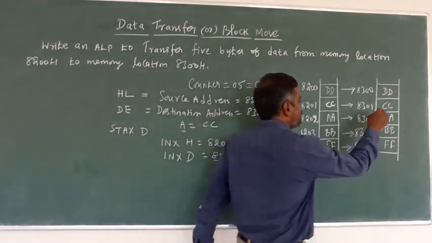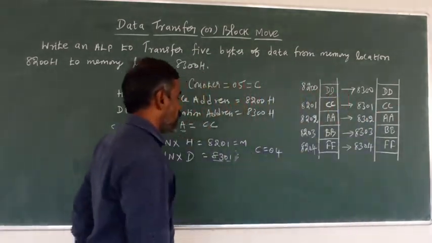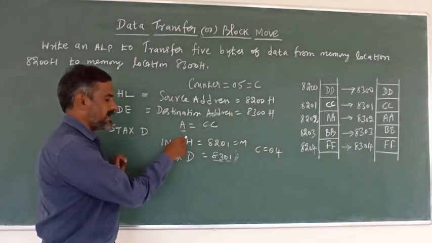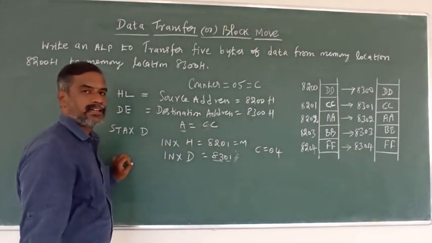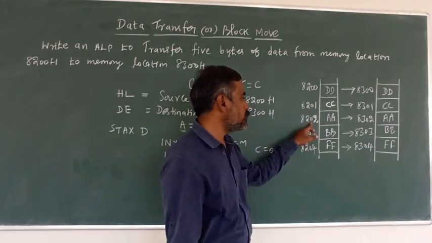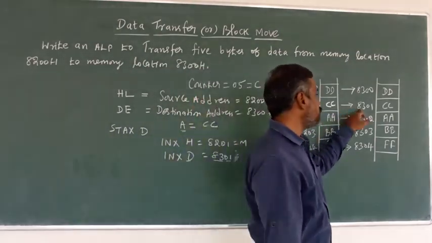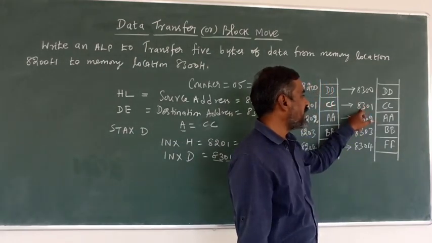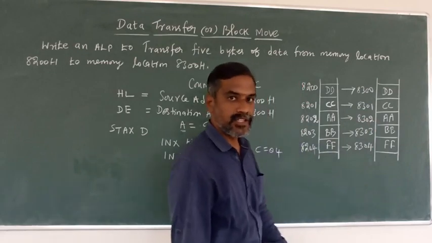Now CC will be stored. After that, again increment the memory address with INX H and INX D. The source address is incremented from 8201 to 8202, and the destination address from 8301 to 8302.